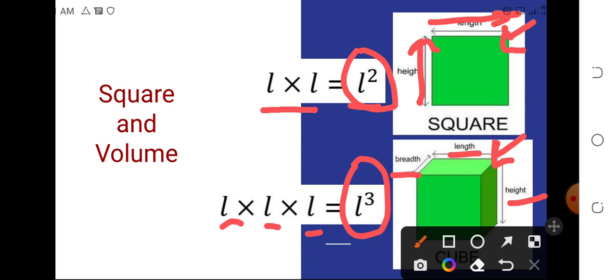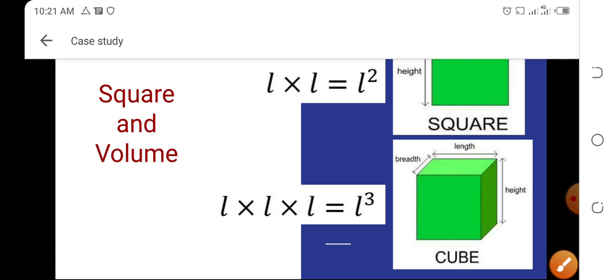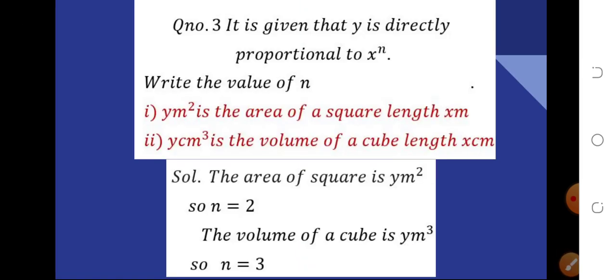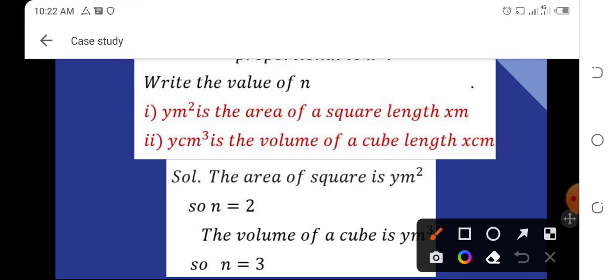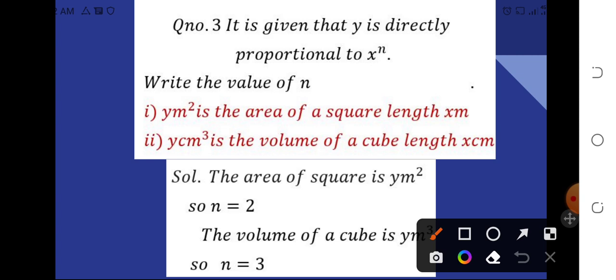So now move to our question number 3. In that question they have given us: y is directly proportional to x power n. They have not given any number, they have given us the power n, x power n. Now what they want in their question is to write the value of n. As we know, every square has two dimensions, two lengths, so it must have a square.